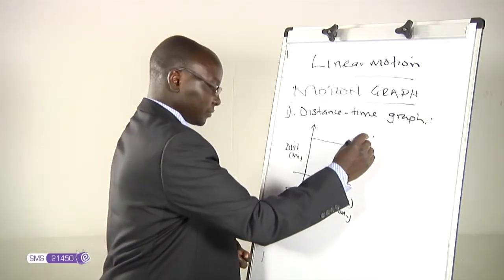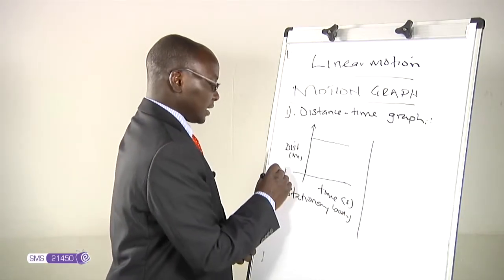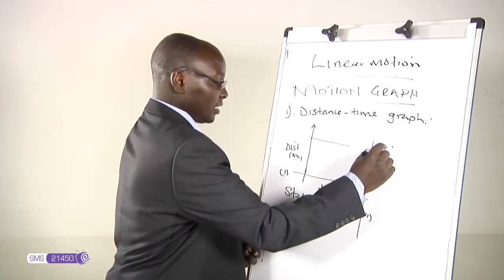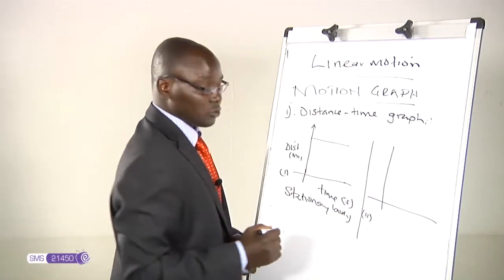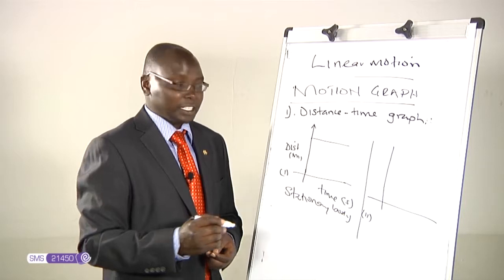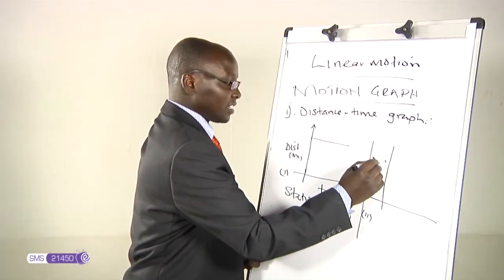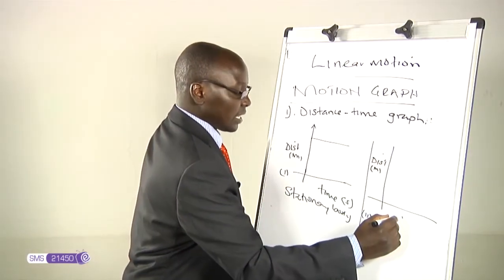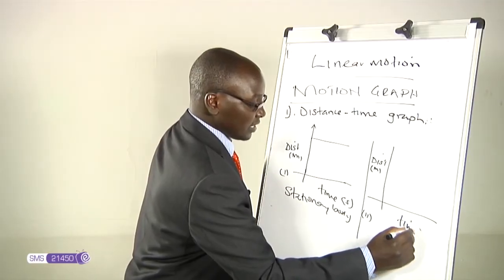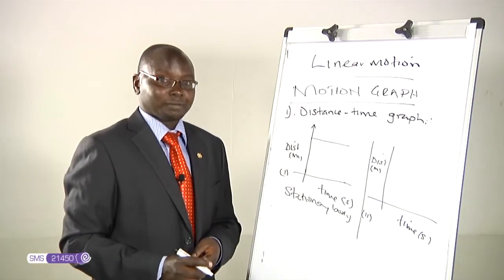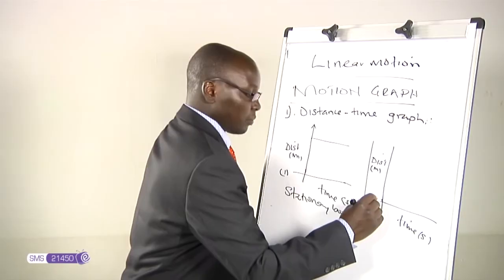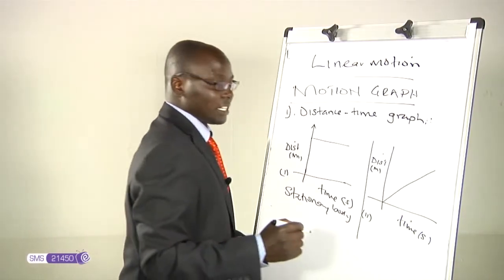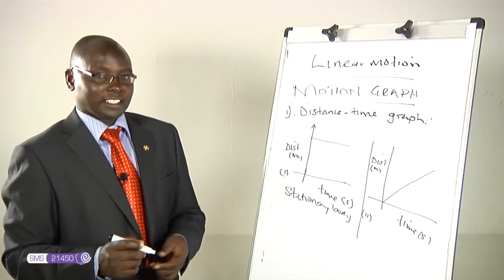The other one is, that's Roman 1. Still a distance time graph. We draw two axes like that on a Cartesian plane. Here we have the distance in meters, and here we have time in seconds. That must always be shown. And then suppose it is like that. How does it show? Let's try to analyze it.